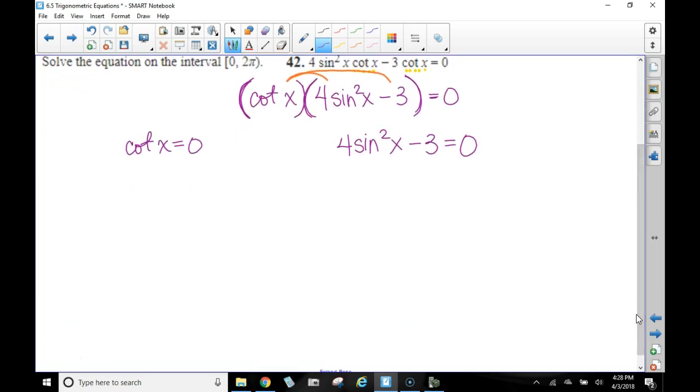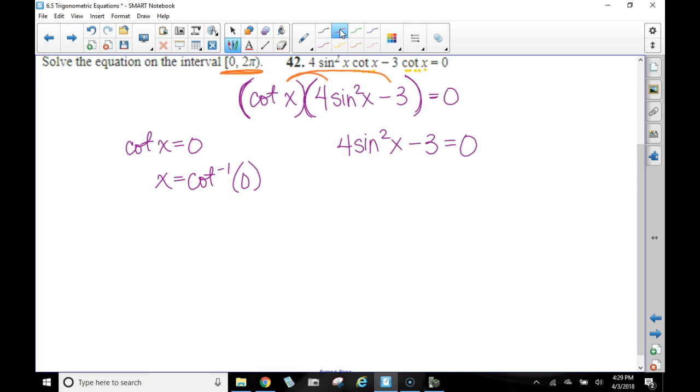Over here on the left equation, solve for x by taking inverse cotangent of both sides. What angles, at least in the interval from 0 to 2 pi, have a cotangent of 0?